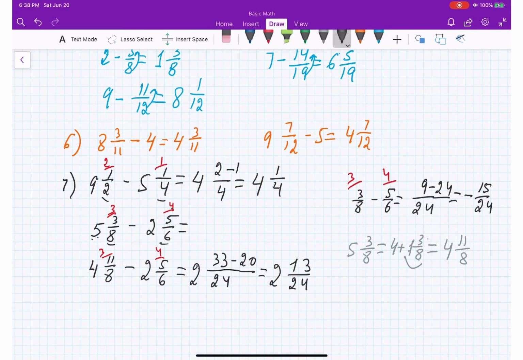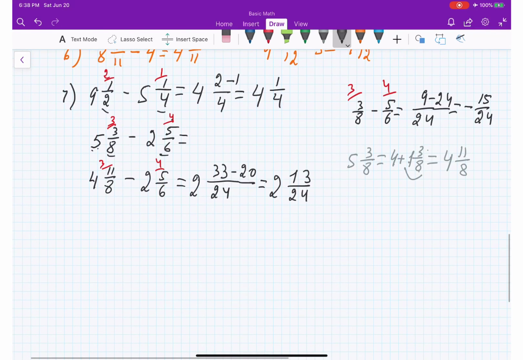Let me solve another one like this, guys, to make sure we understand. Here is an example.